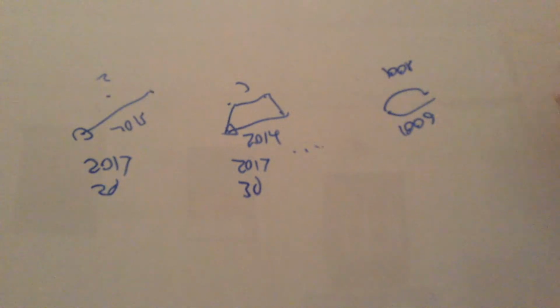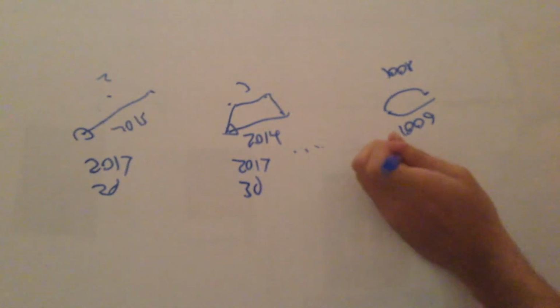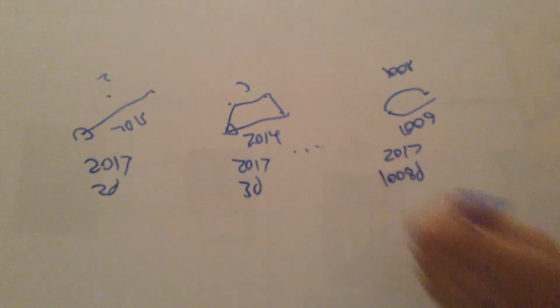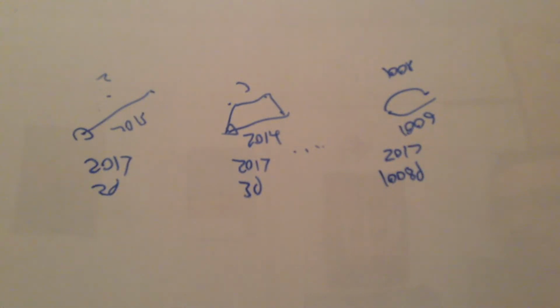We notice that these add up to 2017. And we have 1009, 1008, so those would be the same. Once again, this is going to be 2017 of 1008 diagonals. And then that's all the diagonals we have.